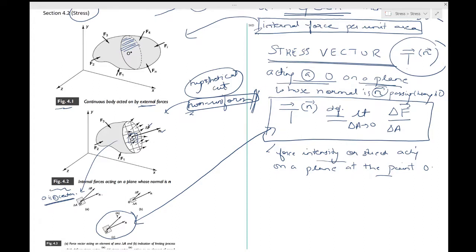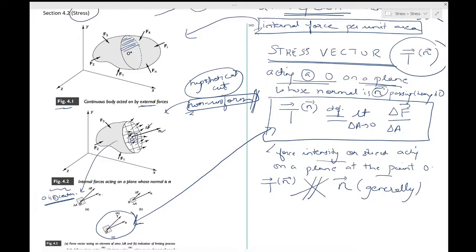Now T of n in general does not act in the direction of n. So T of n in general is not parallel to n, as is also shown in this figure. So generally this is not the case.